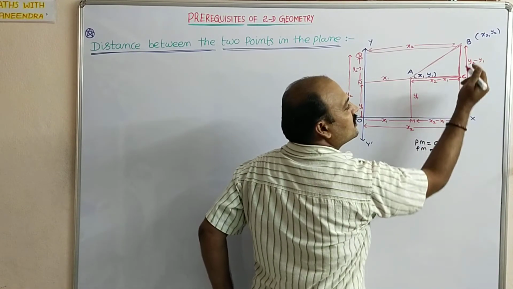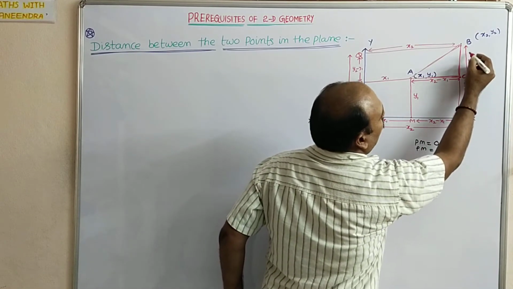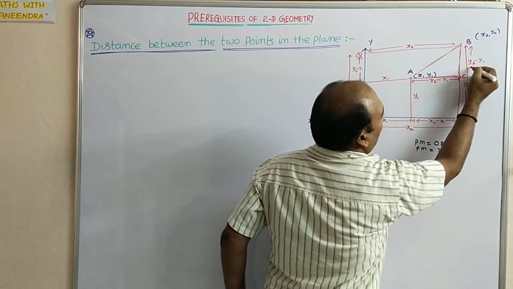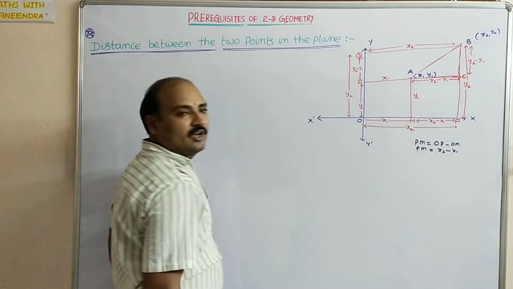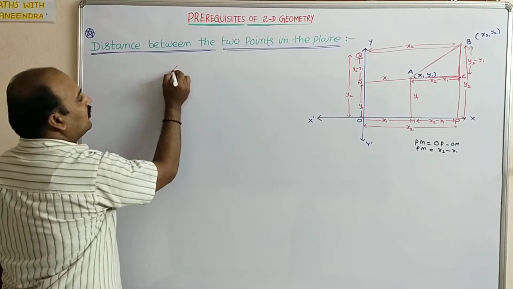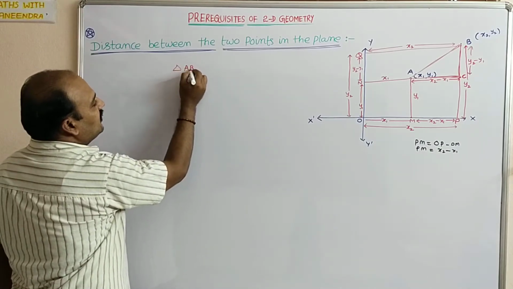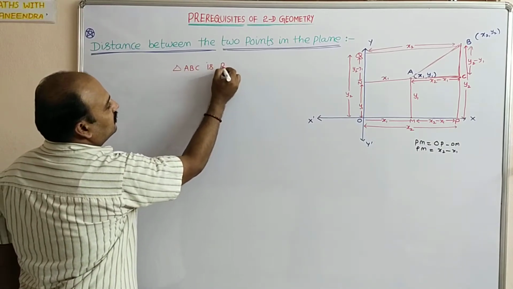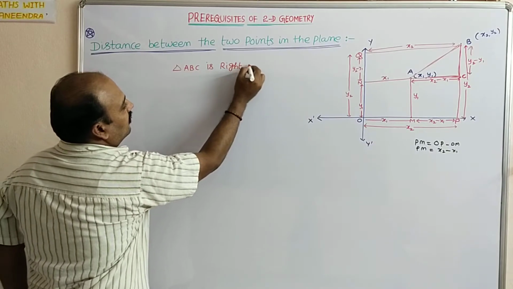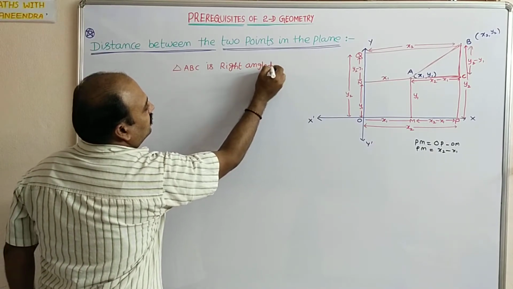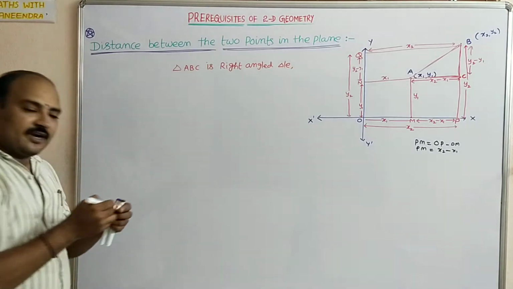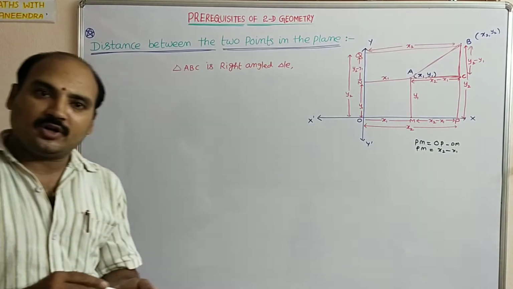This is y2 minus y1, the BC value. So triangle ABC is a right angled triangle.